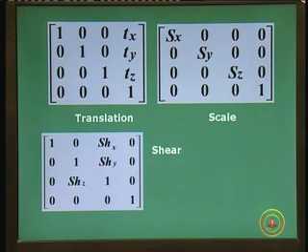So this is how you see. Please write the matrix form in terms of P prime equals A prime P. When you shear along x, basically what you are doing is you are creating the corresponding change in the corresponding coordinates.